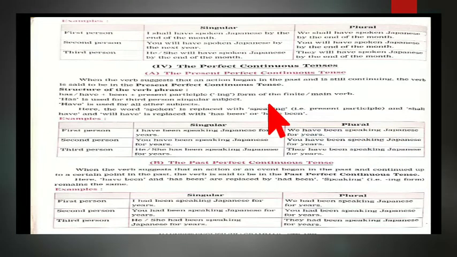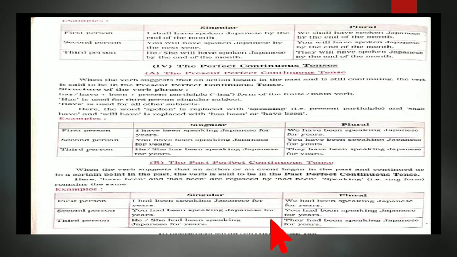So here in all the perfect tense forms, what will we use? In the present tense, we will use has or have. Now coming to the past perfect tense: when the verb suggests that an action has been completed before a particular moment in the past, the verb is said to be in the past perfect tense.